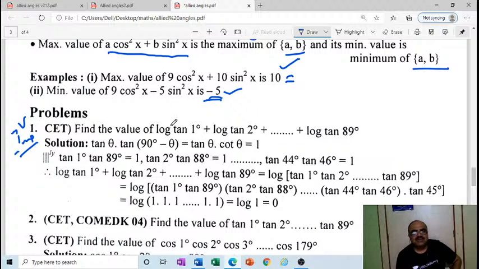Find the value of log of tan 1 plus log of tan 2 plus up to log of tan 89 degrees. Tan theta into tan of 90 minus theta is equal to tan theta into cot theta, which will be equal to 1.